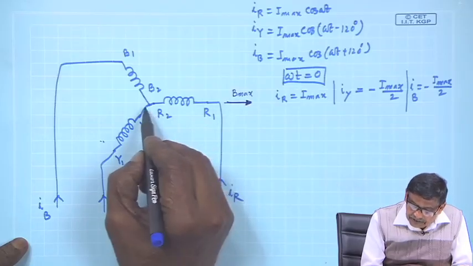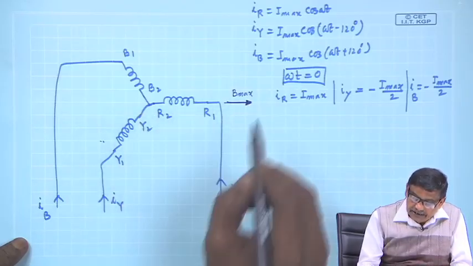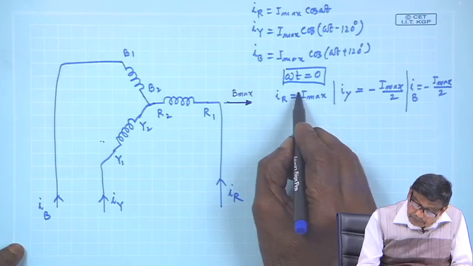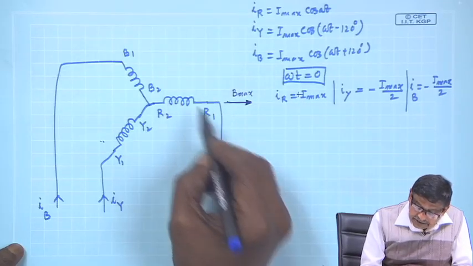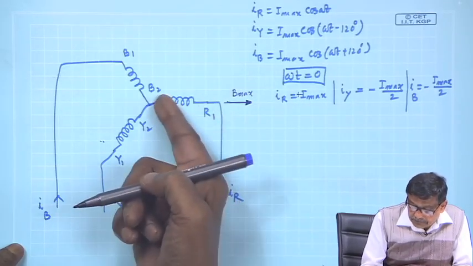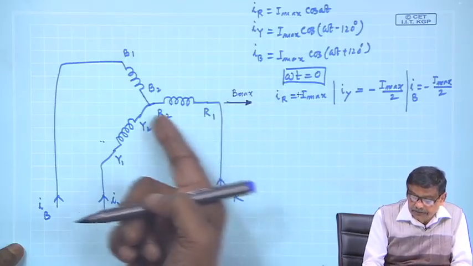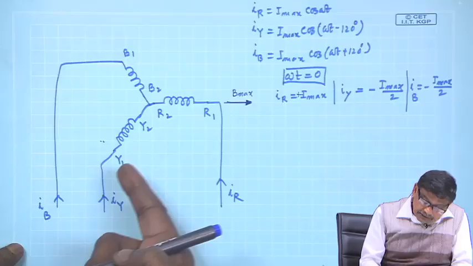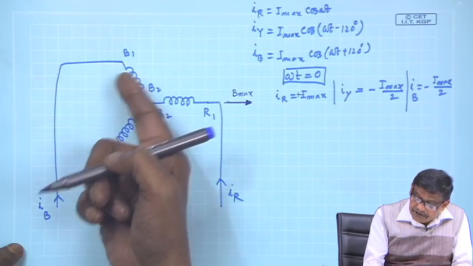So, R phase will produce a maximum field there, and I r is a positive number, it is really entering, and if current enters through R 1, the field is away, that is what I have assumed. So, it is like this. But look at the currents of Y phase and B phase.